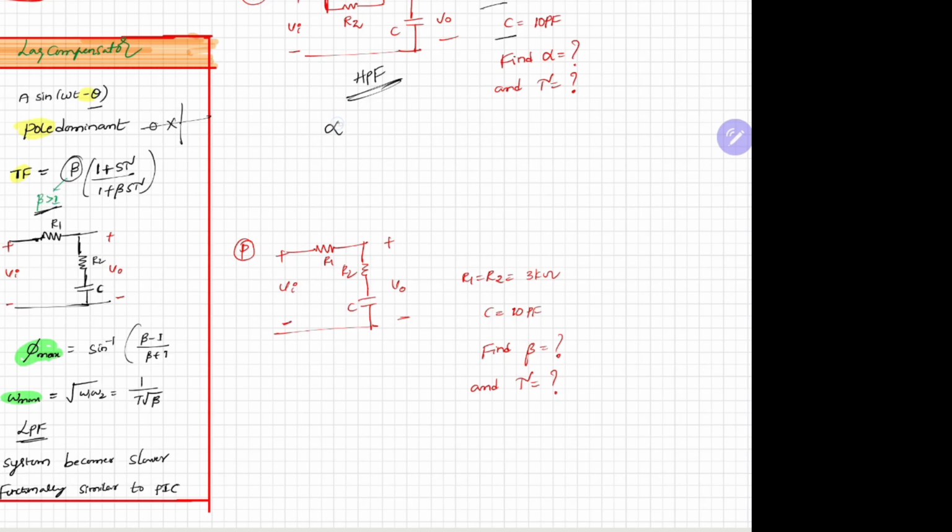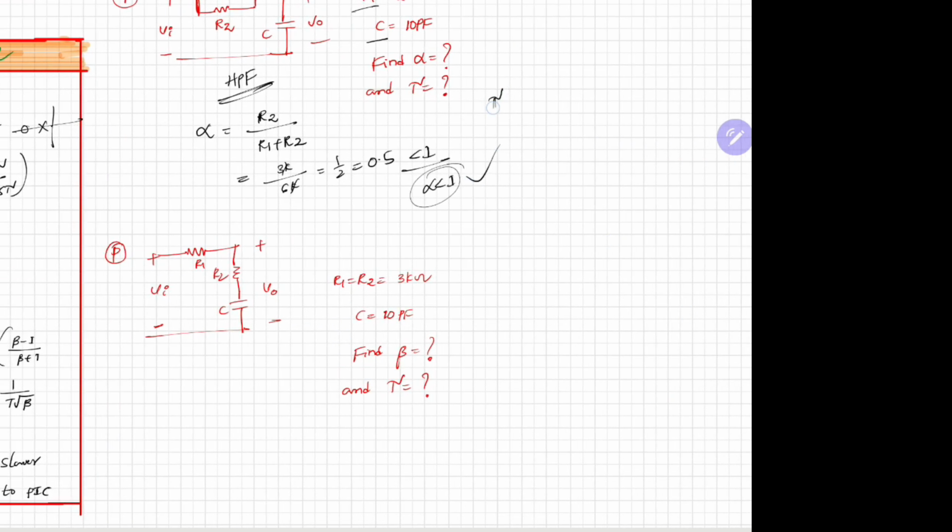Here alpha is equal to R2 by (R1 plus R2). This is the formula you have to remember. R2 is 3 kilo ohm and R1 plus R2 together is 6 kilo ohm. So it's 1 by 2, which is 0.5, less than 1. So what kind of compensator is it? It is a lead compensator, because for a lead compensator the alpha value is less than 1. Okay, it is over.